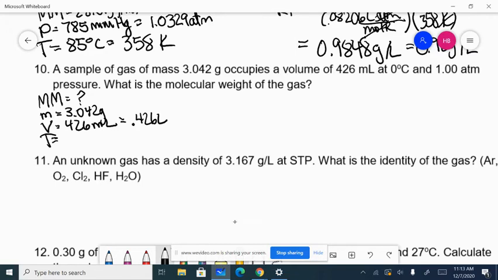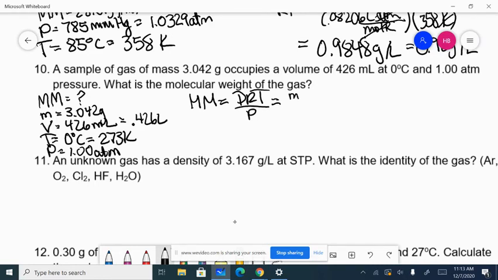Temperature is 0 degrees Celsius, add 273, and the pressure is 1 atmosphere. So molar mass, the density D over P, and density is actually mass over volume, RT over P.